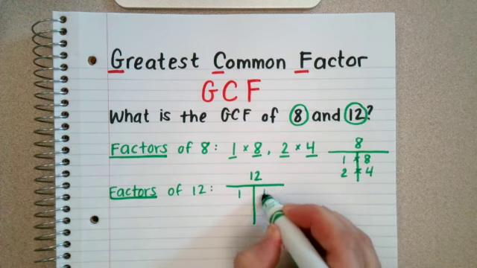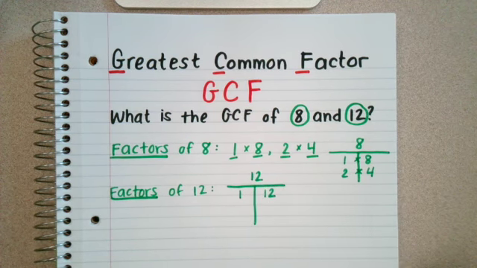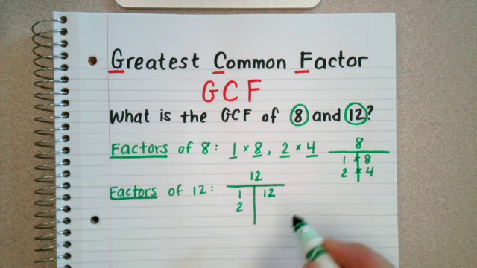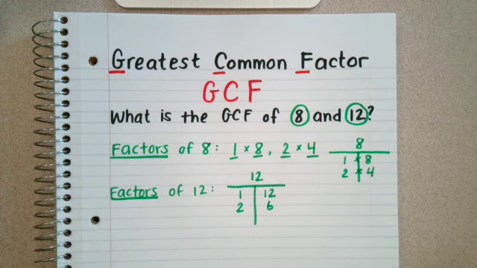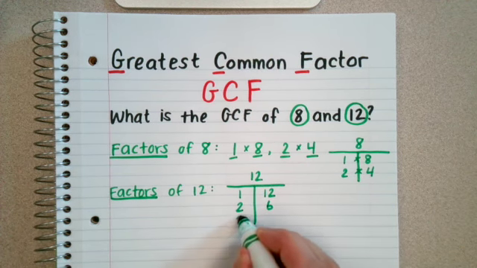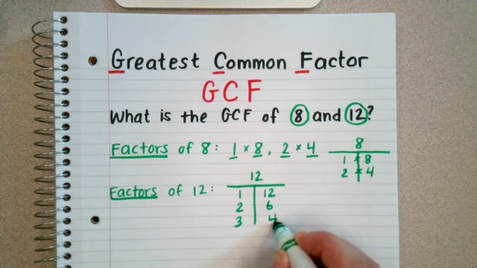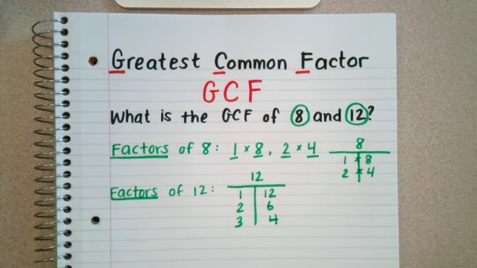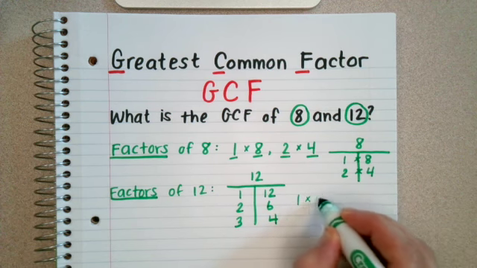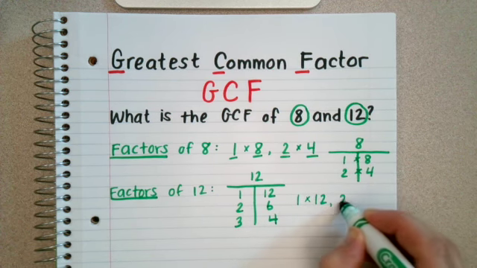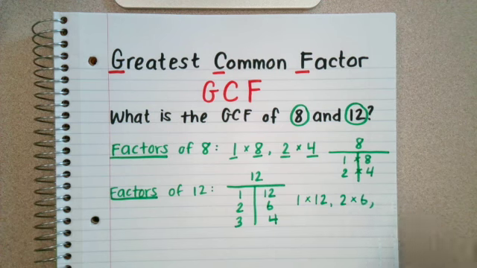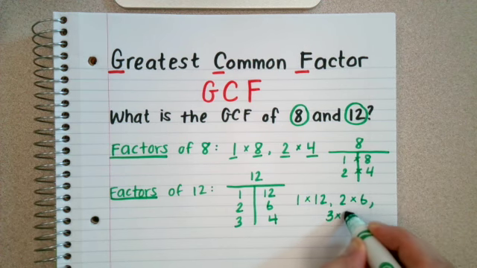And I know 1 times 12 equals 12, 2 times 6 equals 12, and 3 times 4 equals 12. So my factors of 12 are 1 times 12, 2 times 6, and 3 times 4.